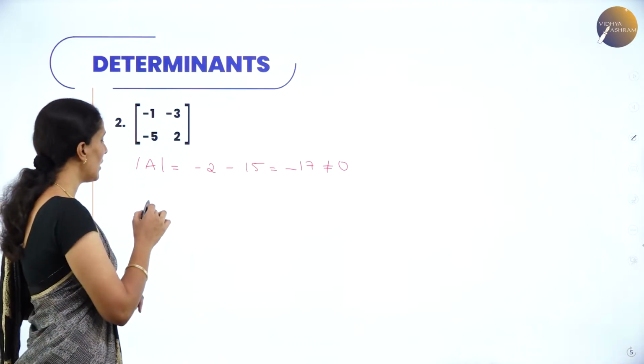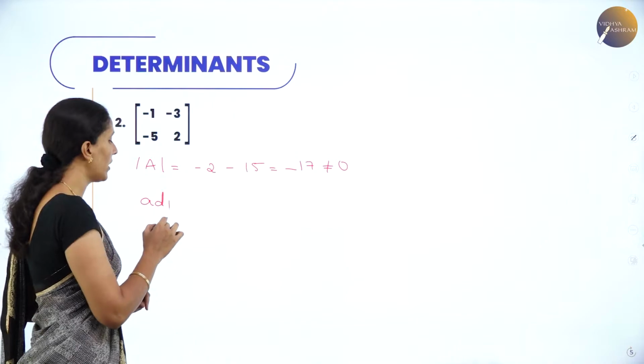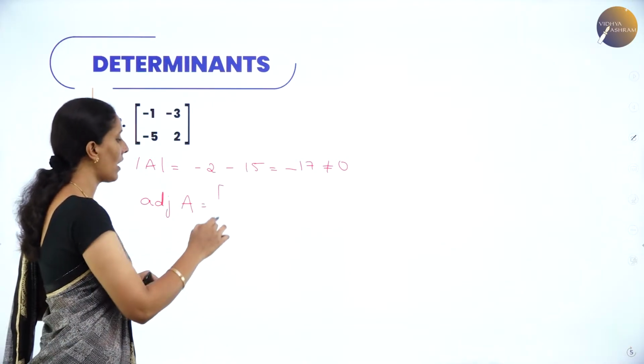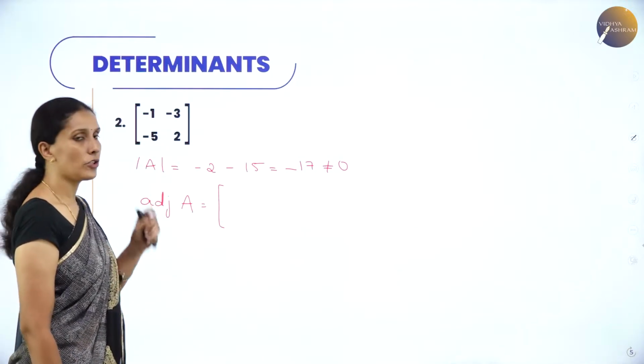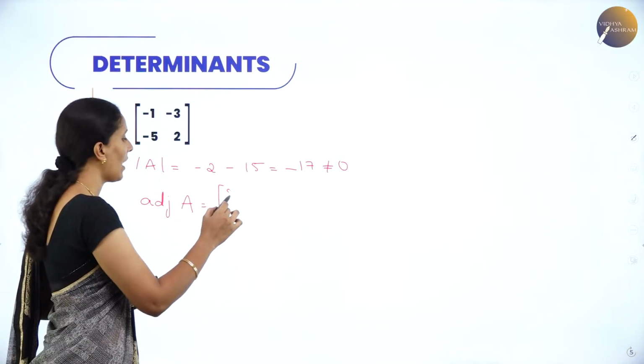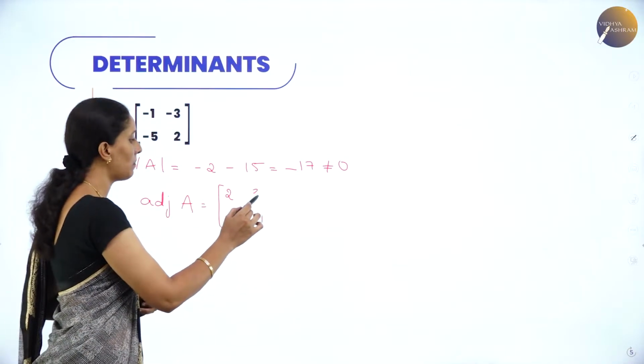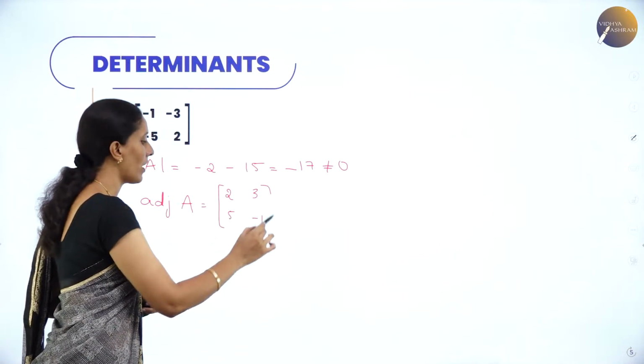So now here let us find out the adjoint A of this matrix. So adjoint A, here we can find it as, interchange these two. So we have 2 and minus 1. Change the sign of these two. Here it is plus 3 and here it is plus 5.